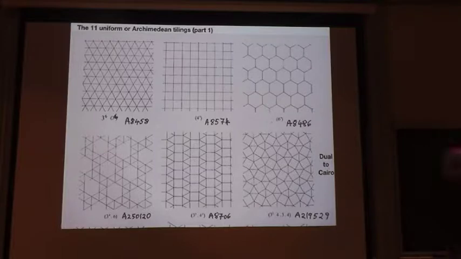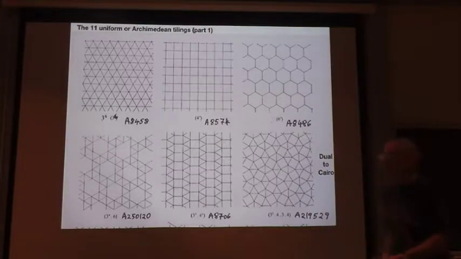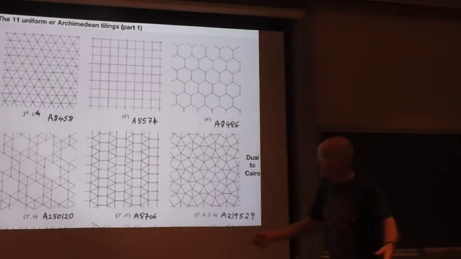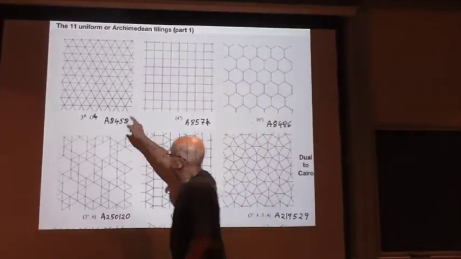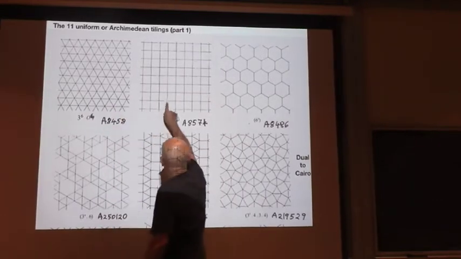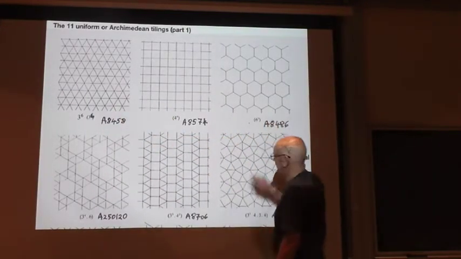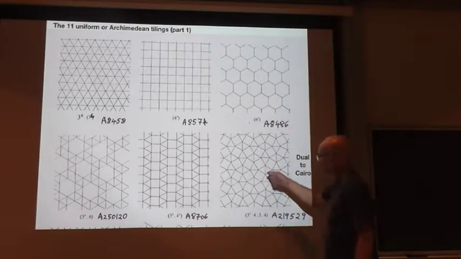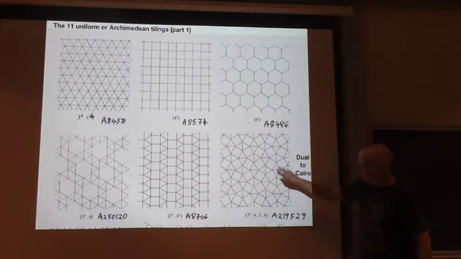So as I said, we've done this for all the uniform tilings. There are 11 uniform, meaning transitive on points with regular tiles. There's triangular graph paper, square graph paper, hexagonal graph paper, and then there are 8 more. And this is one of them. This is actually the dual to the Cairo tiling.